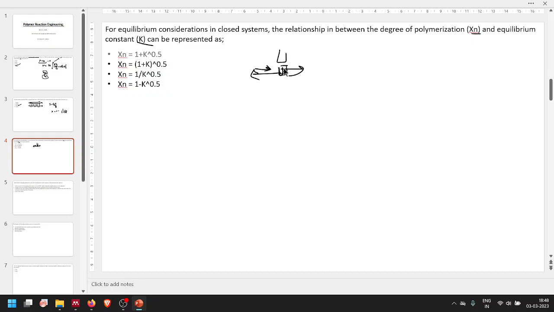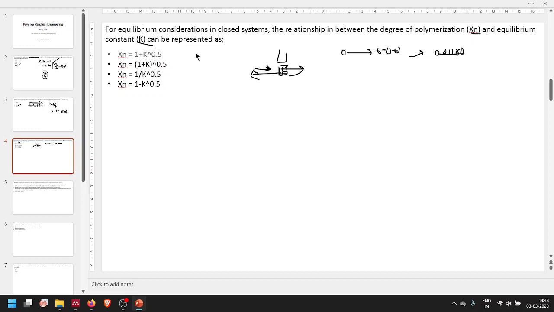Because of that, the expression which defines the dependence of the degree of polymerization on the equilibrium constant, starting from a monomer giving rise to an extending chain of a polymer, we can say that the degree of polymerization is equal to 1 plus K to the power 0.5.